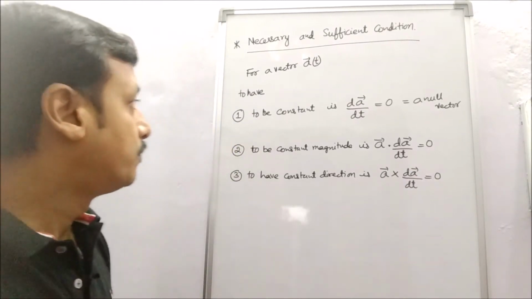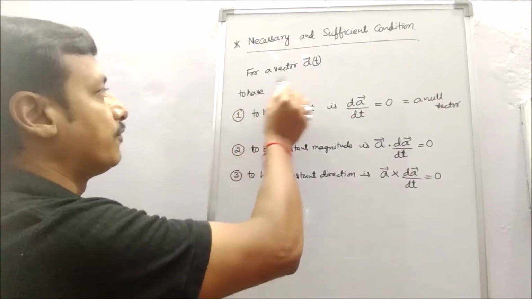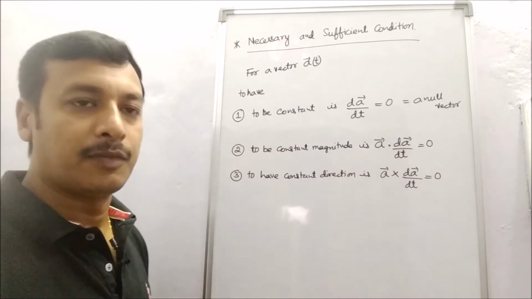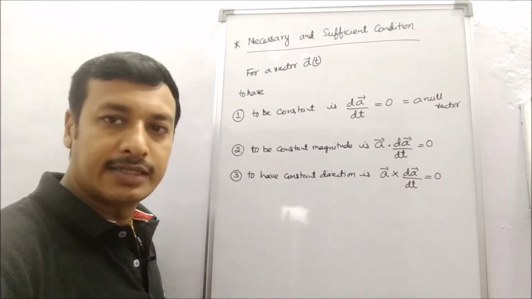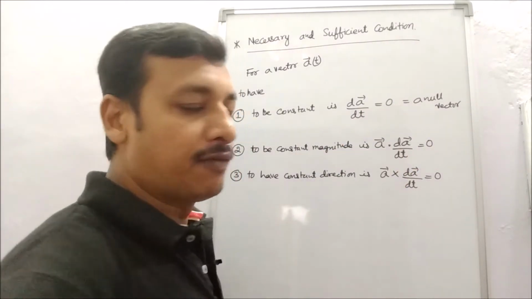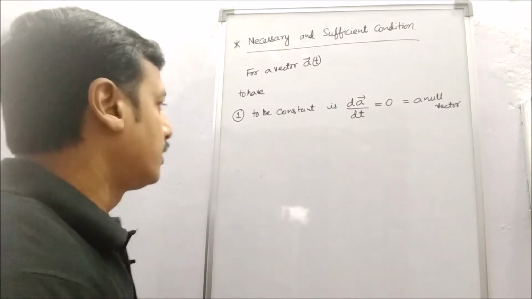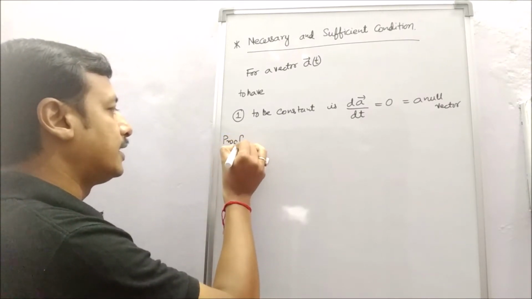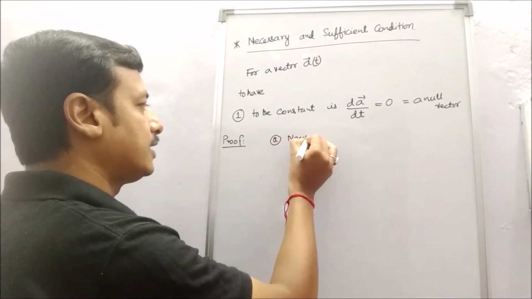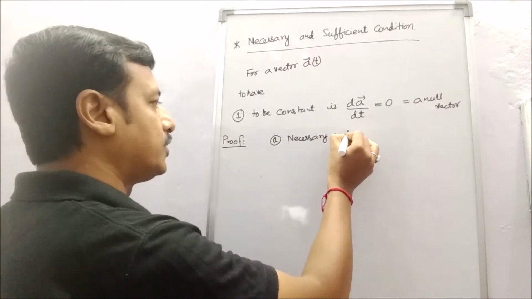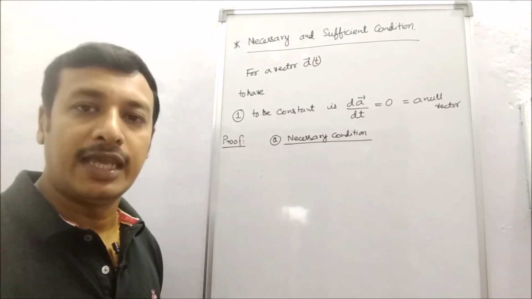Now we are going to prove them one by one. So number one is, for a vector to have a constant magnitude or to be a constant, its derivative, that is dA by dt, is equal to 0, a null vector. First we are going to prove the necessary condition, number A. In the necessary condition, we proceed in the forward direction.